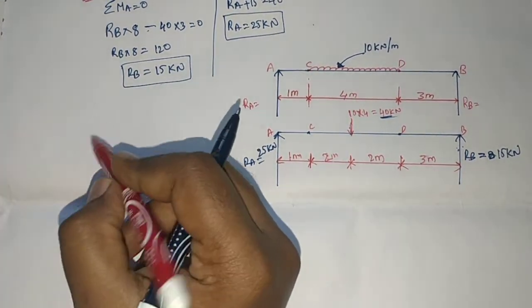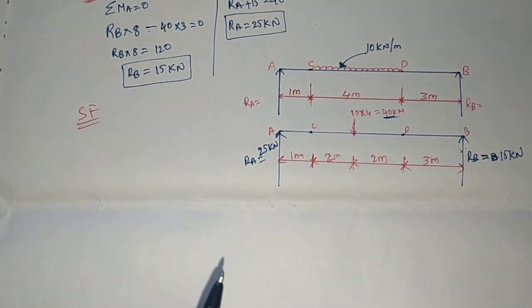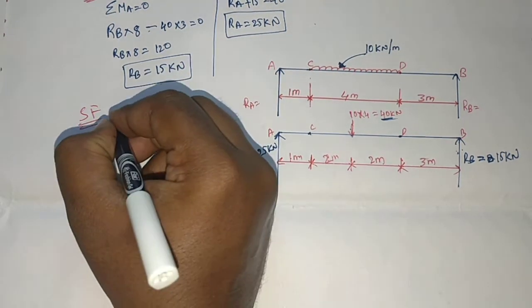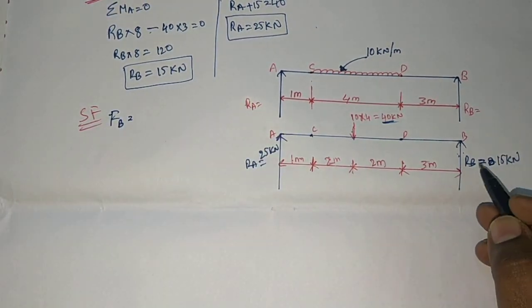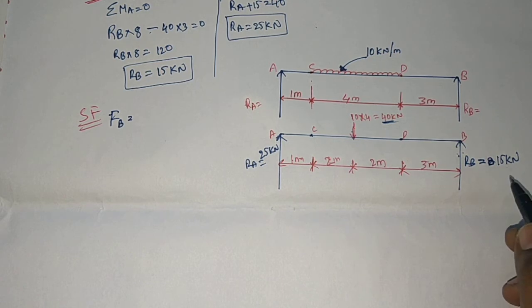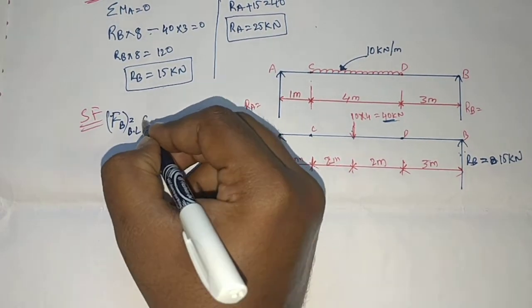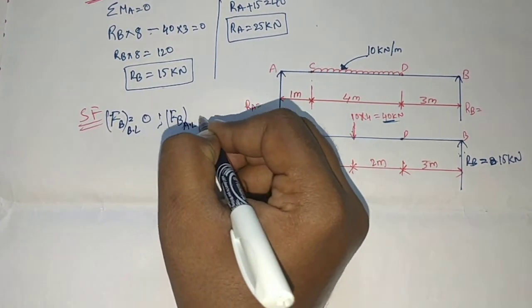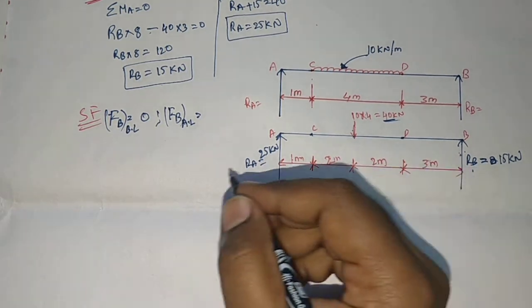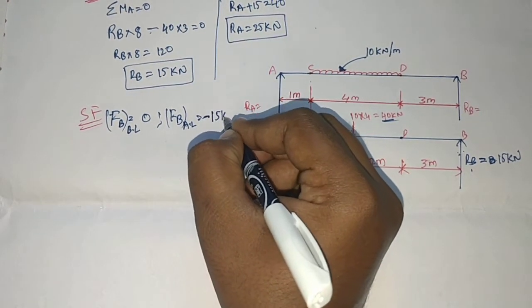Calculate the shear force. Shear force at point B. At point B a reaction force is acting, so we have to take before and after. Before the load it is 0. After the load, we need to consider the reaction force. It is acting upward, so it is taken as negative.